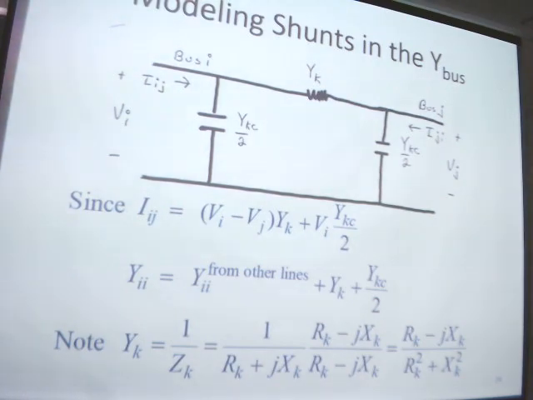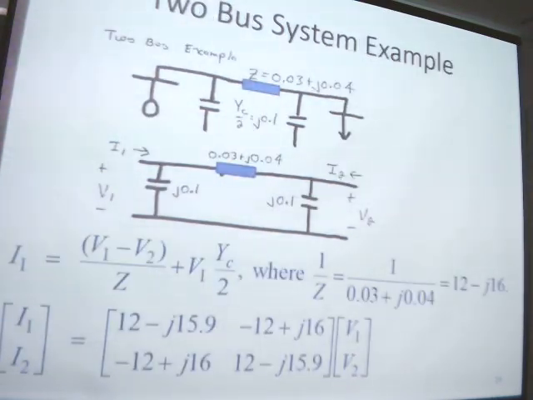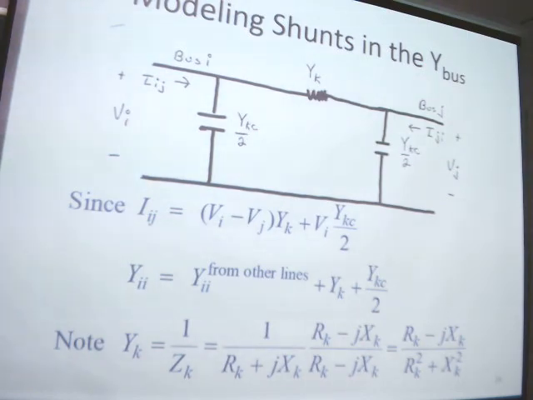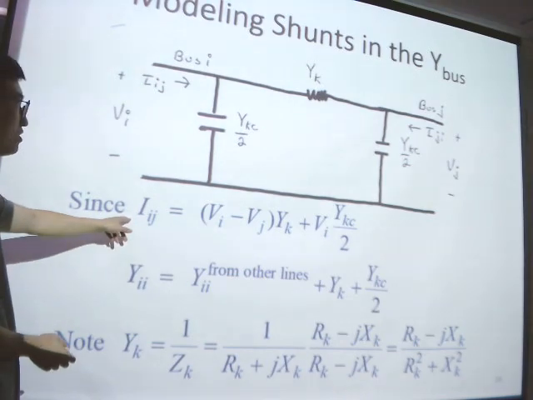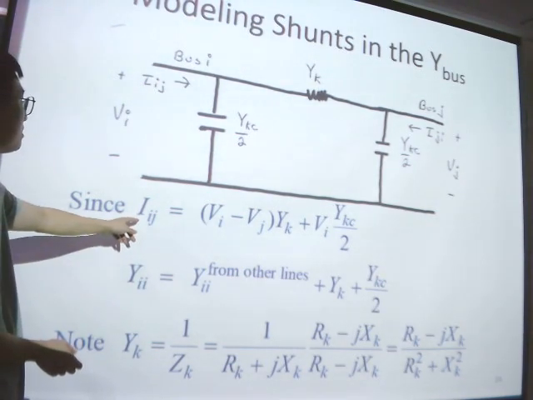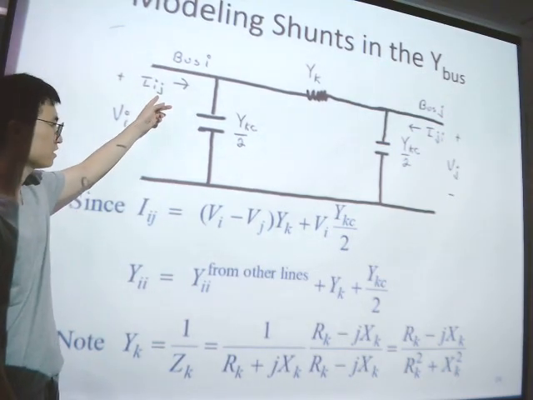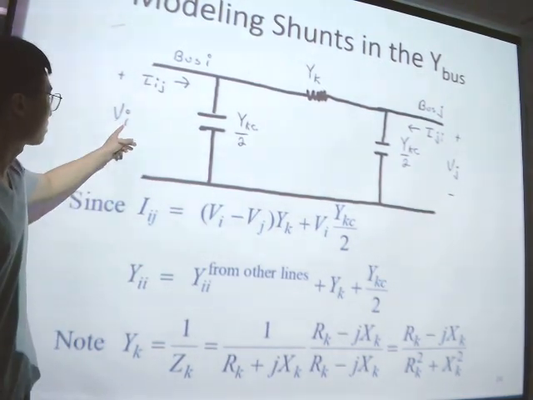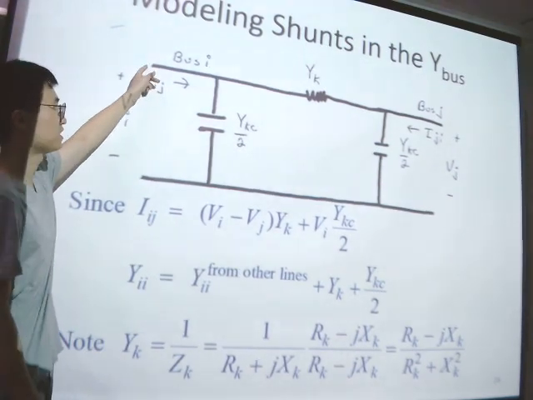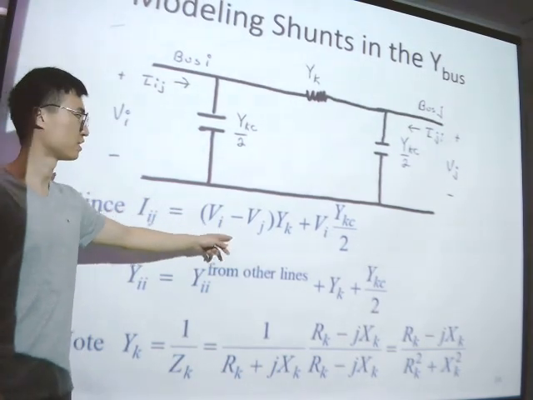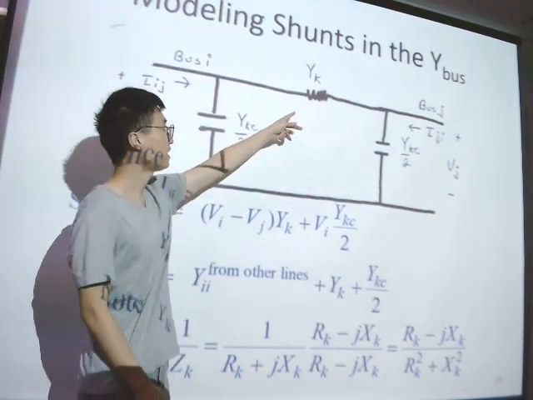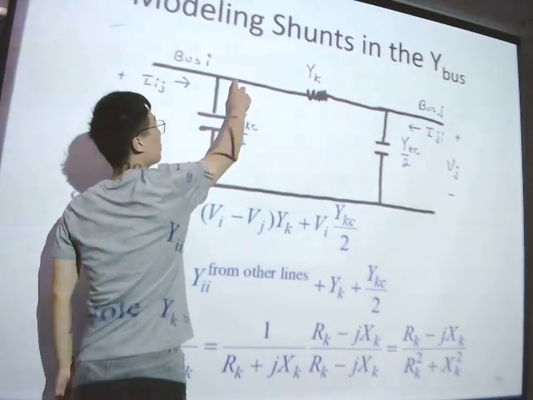We are not going to go through this in detail, okay? But you can see we can use the conclusions here directly, okay? The current Ii here is the voltage difference between here and here, Vi minus Vj, multiplied with Yk, right?